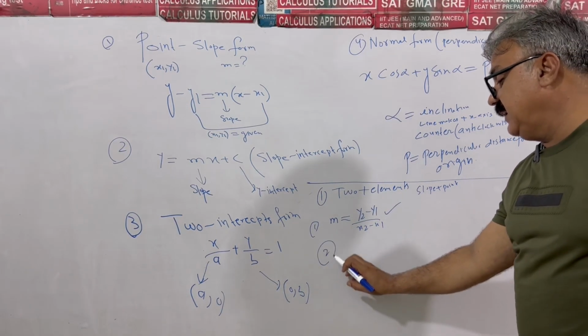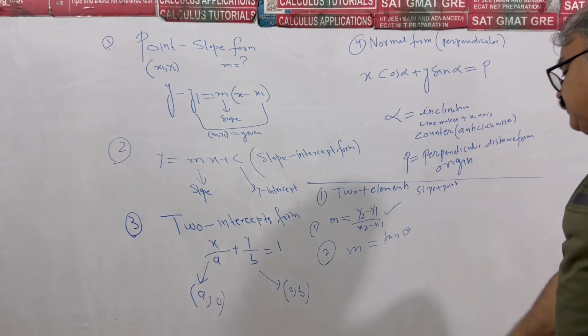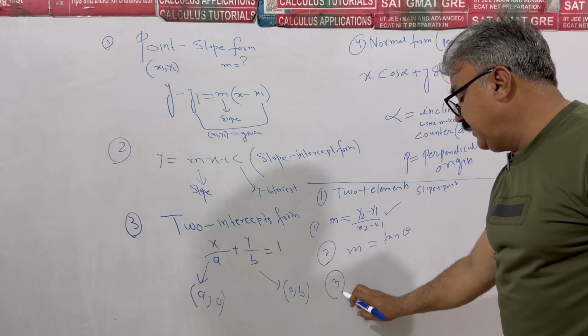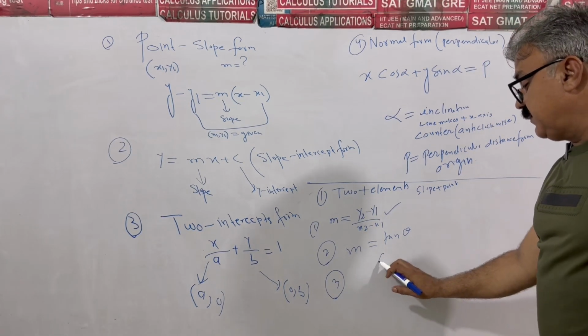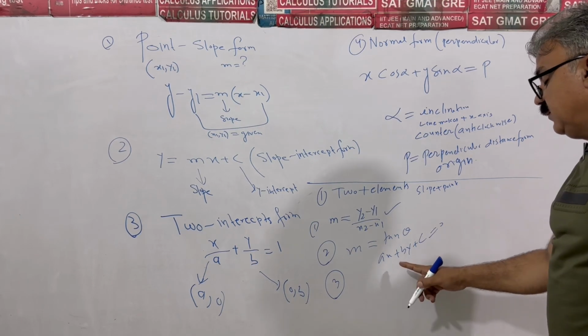When we are given an angle of inclination, slope can be calculated as m is equal to tan theta. Third possibility, from the line itself: suppose we have been given an equation of a straight line and we have to find its slope.